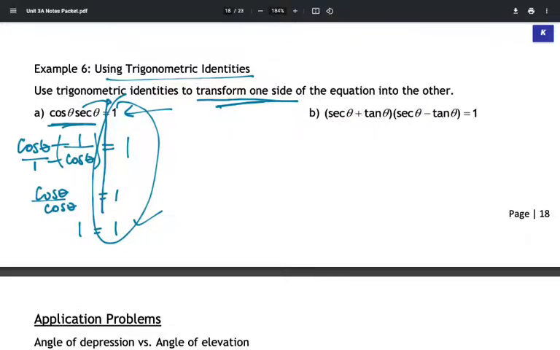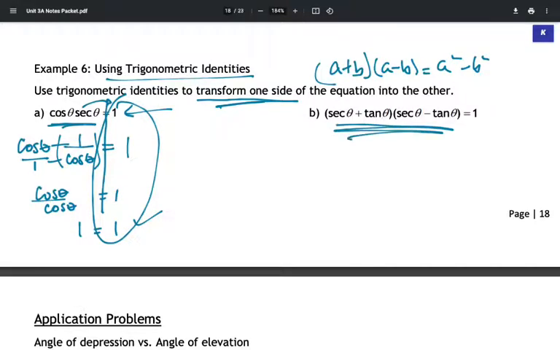Okay, this next one, I want to think about how a plus b, when I multiply it times a minus b, gives me a squared minus b squared. Because we've got the same thing in both sets of parentheses, but one has a plus and one has a minus. So when I multiply that out, I get secant squared theta minus tangent squared theta equals 1.